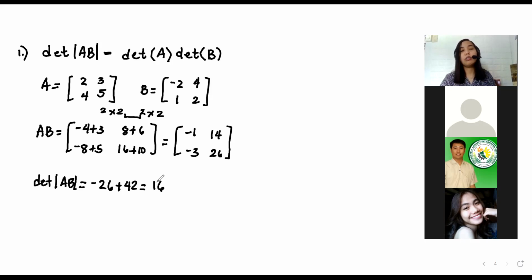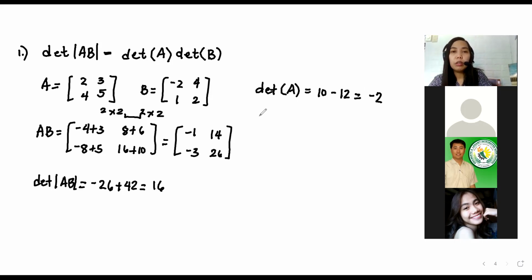Okay, that's the determinant of AB. Next, determinant of A. 2 times 5, it's 10, minus 4 times 3, it's 12. 10 minus 12, it's negative 2. Determinant of B is negative 2 times 2, it's negative 4, minus 1 times 4, it's 4. Negative 4 minus 4, it's negative 8.